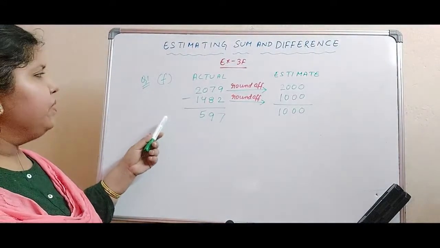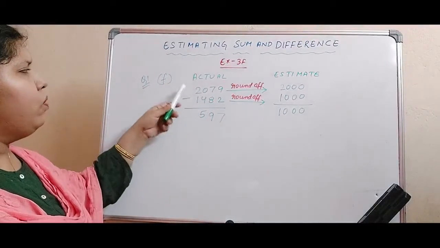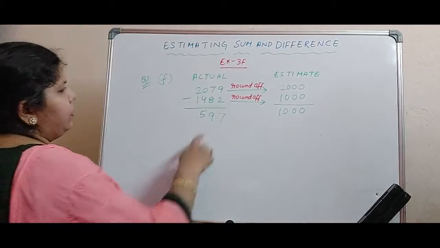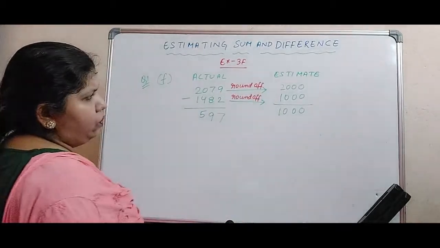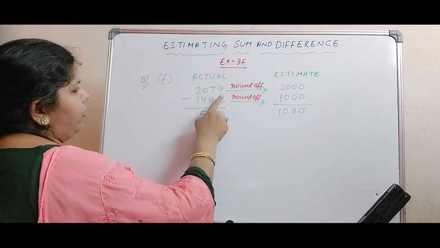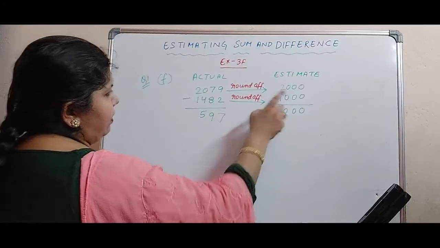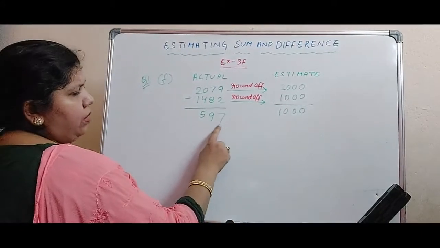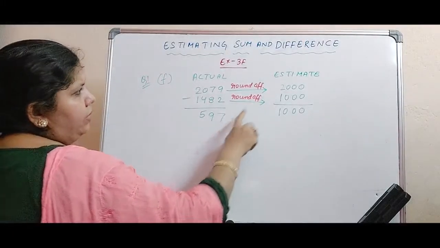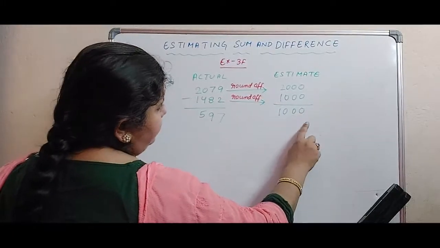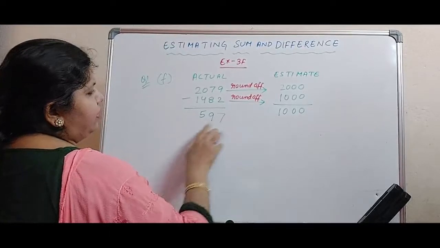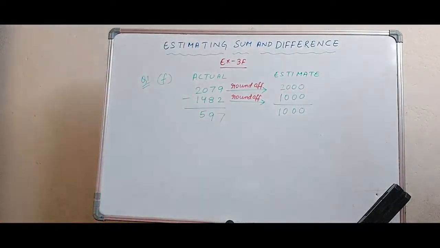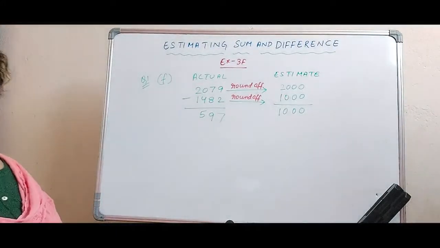The number of digits is the same, so both are rounded to the thousands place. 2079 rounded to the thousands place gives 2000, and 1482 rounded to the thousands place is 1000. After subtracting, here you get the actual difference, and here the estimated difference. You can see the difference: it is 597 and it is 1000. I hope you all have understood how we are doing the estimation.